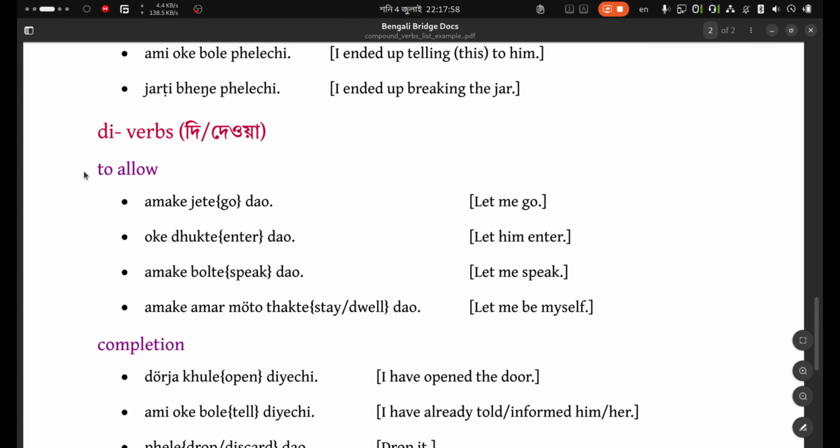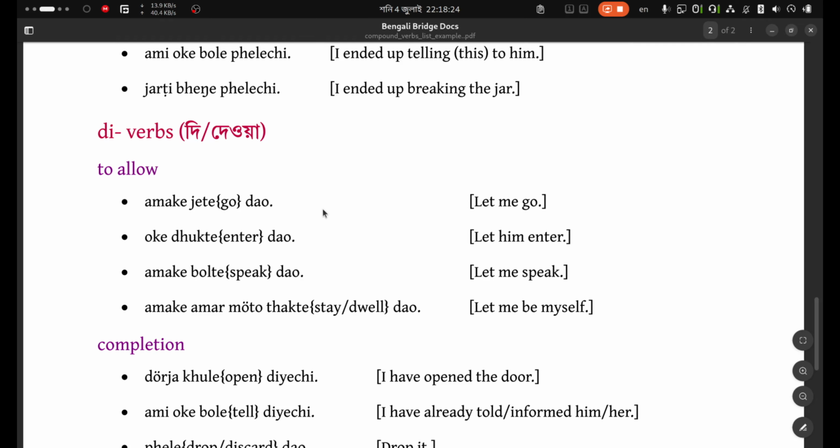Can you read these examples, these four examples? Do you know what we are doing? Go ahead. It says lesson on compound verbs. Yeah, yeah. Okay. Yeah, you can read.